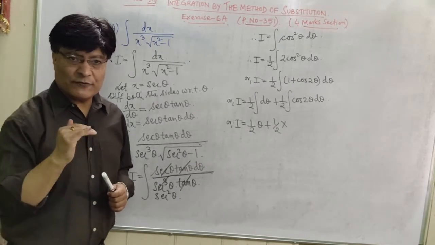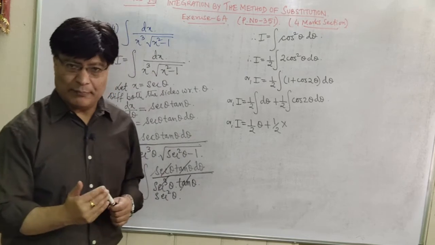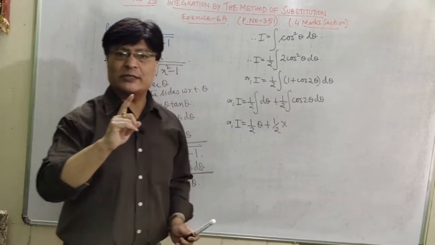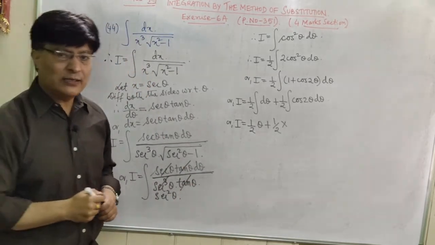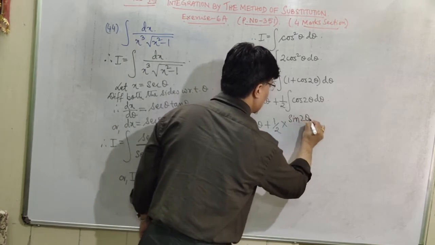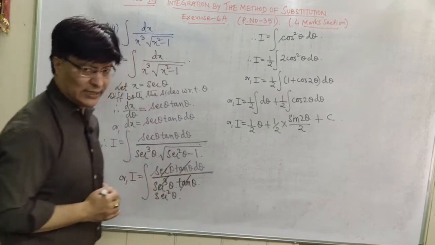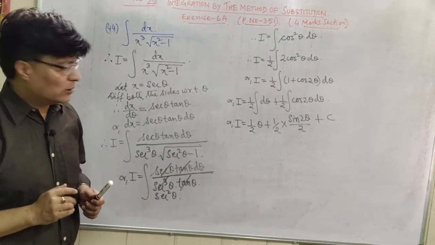What is the integration of cos mx dx? It is sin mx upon m, so the function whose differentiation with respect to theta gives cos 2 theta is sin 2 theta by 2. So this is sin 2 theta divided by 2, then plus C there, because we have integrated all the terms.